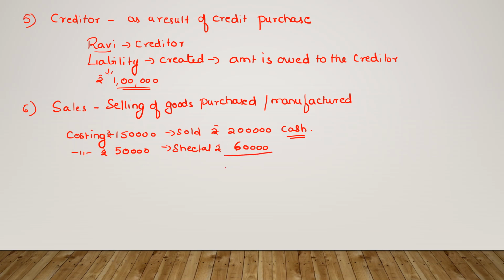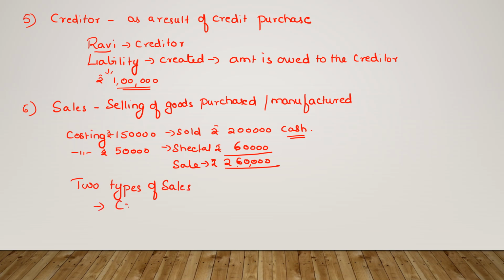So totally through this transaction, she has made a sale of rupees 2,60,000. So this is sale. Whatever goods she purchased, she has sold, and 2 lakh worth of goods which is purchased has been sold for 2,60,000.